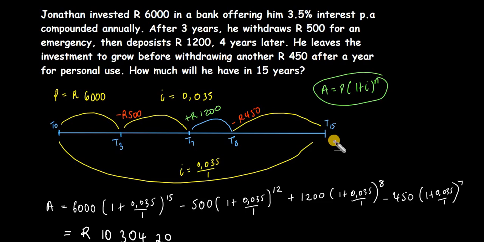So you need to be careful of that. You have to check if he's withdrawing or depositing after a certain month, then your timeline should be in months. But if he's withdrawing and depositing after a certain number of years, your timeline should be in years. I hope that is clear.